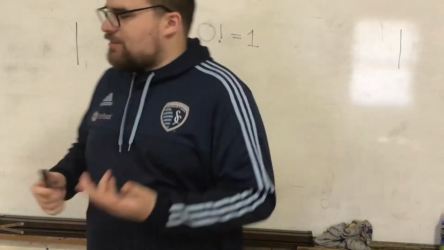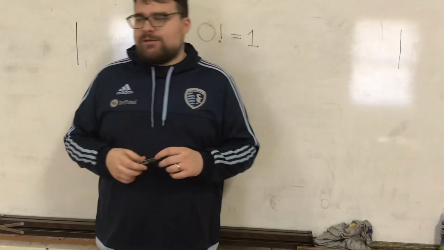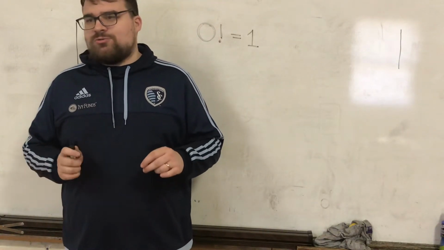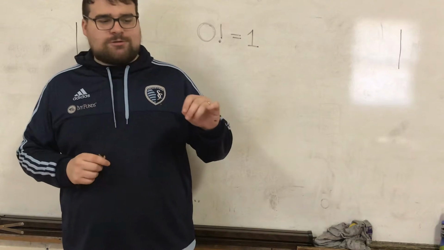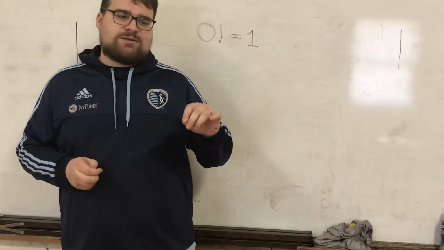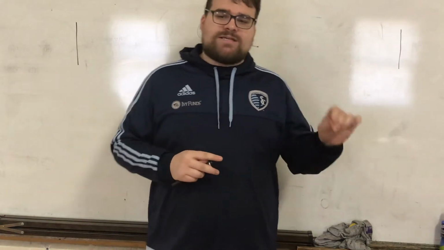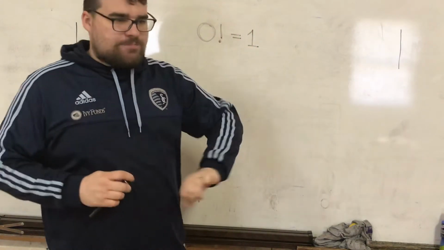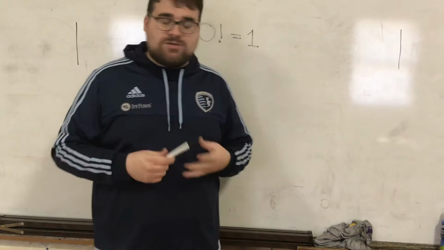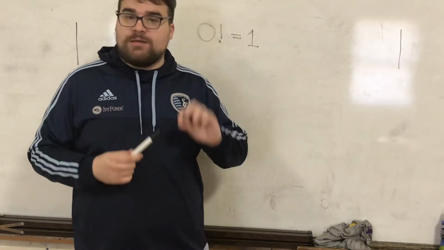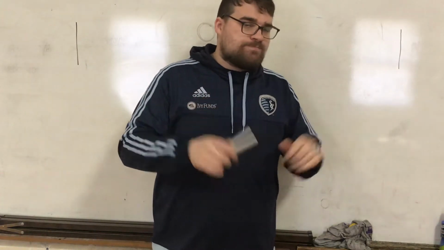This is where math gets a little weird. We start to think about it not necessarily in what makes mathematical sense, but in the reason why we're doing this. So mathematically, 0 factorial should be 0, plain and simple.